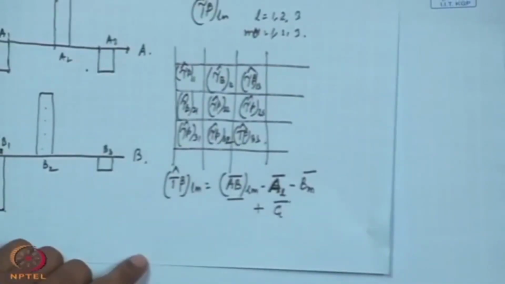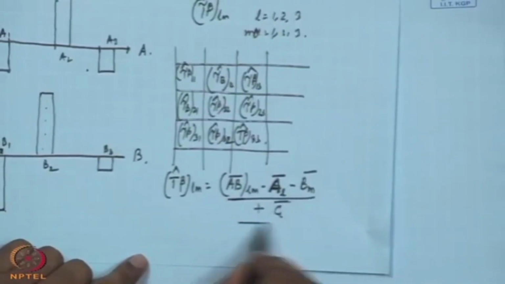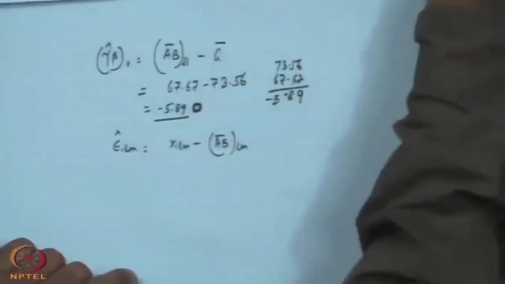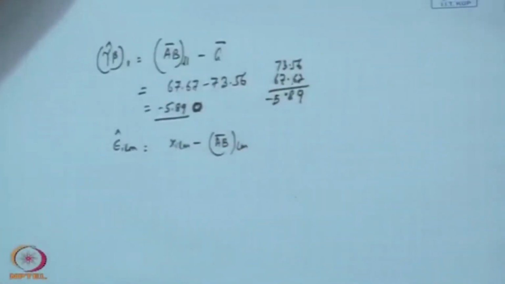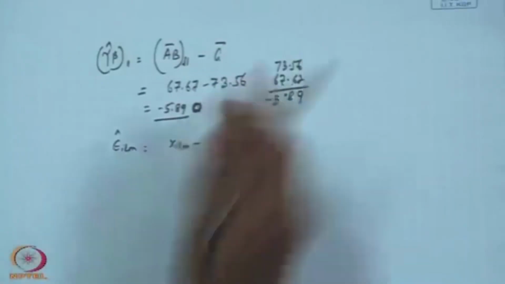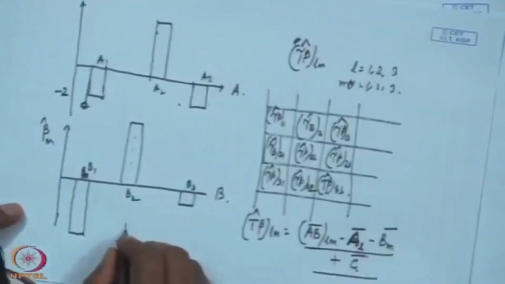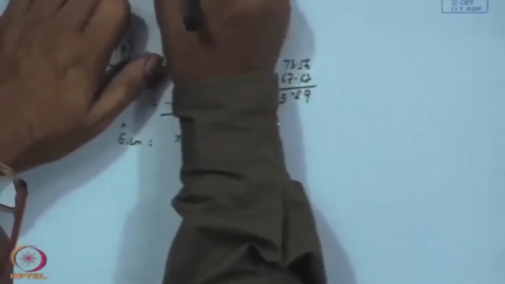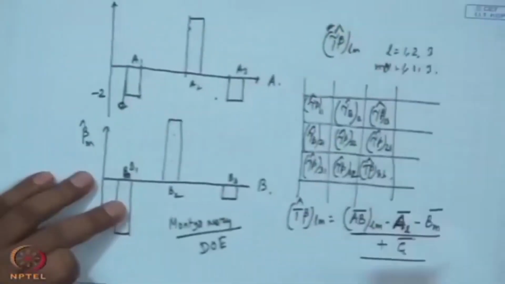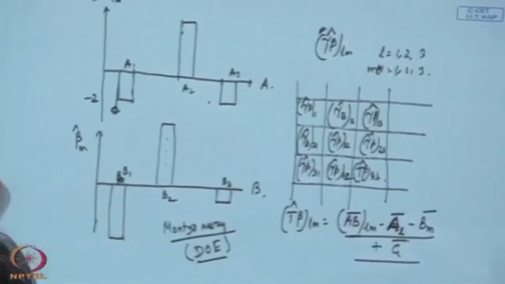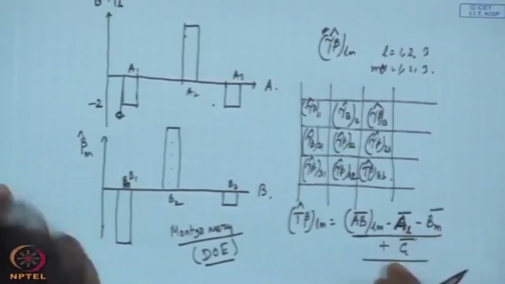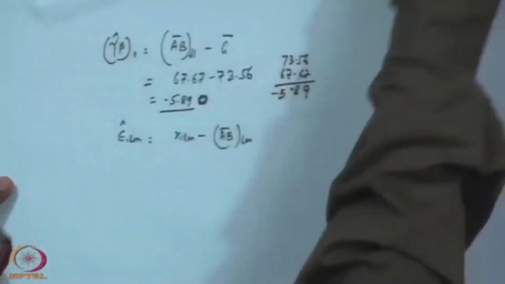This is the formula we have used. No? This is the formula we have used. So, this formula you will be using. In Montgomery it is given clearly. You go through Montgomery, Design and Analysis of Experiments, DOE.